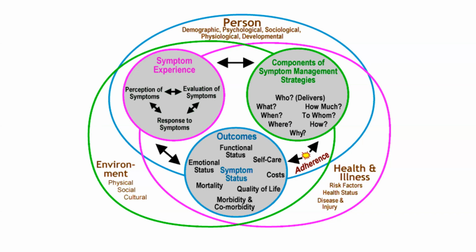Physical variables include the person's home, work, or hospital. Social variables include the individual's interpersonal relationships or sources of social support, and cultural variables represent values, practices, and beliefs that arise from the individual's racial, ethnic, or religious group.